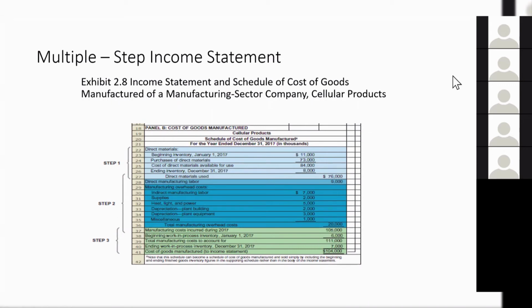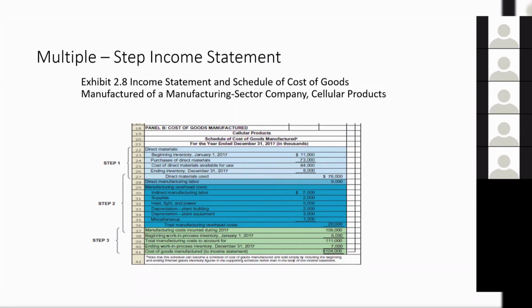So we add the beginning work in process inventory to the total manufacturing costs incurred, giving us total manufacturing costs to account for. Remember that your beginning work in process already had direct materials, direct labor, and manufacturing overhead from the previous period.